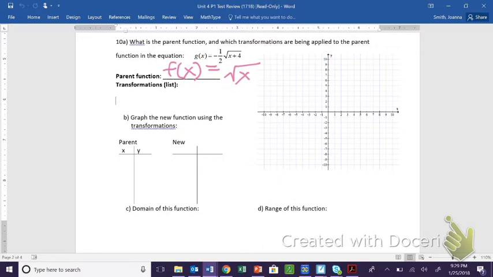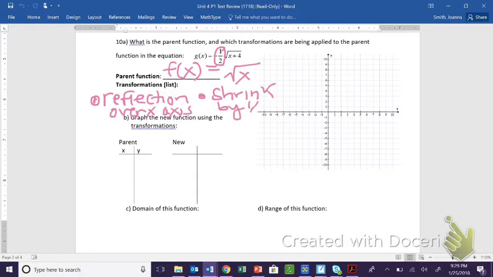So what's going on? The first thing that's going on is the negative. We know that a negative is a reflection over the x-axis. Okay? And then the next thing we're looking at is, since this number right here is less than 1, it's going to be a vertical shrink by 1/2.